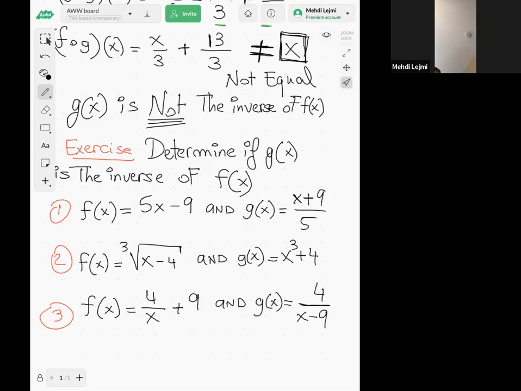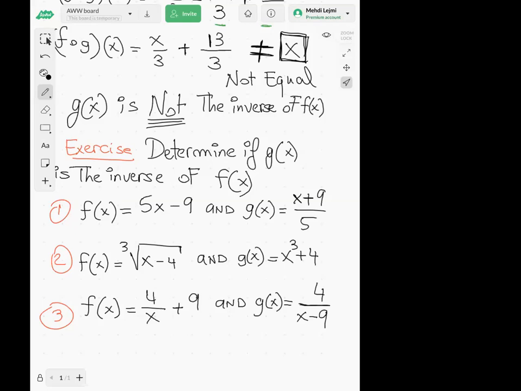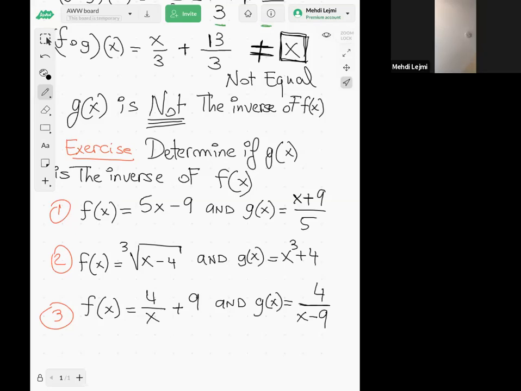So any guess for number one? Is g the inverse of f? Yes, it is.